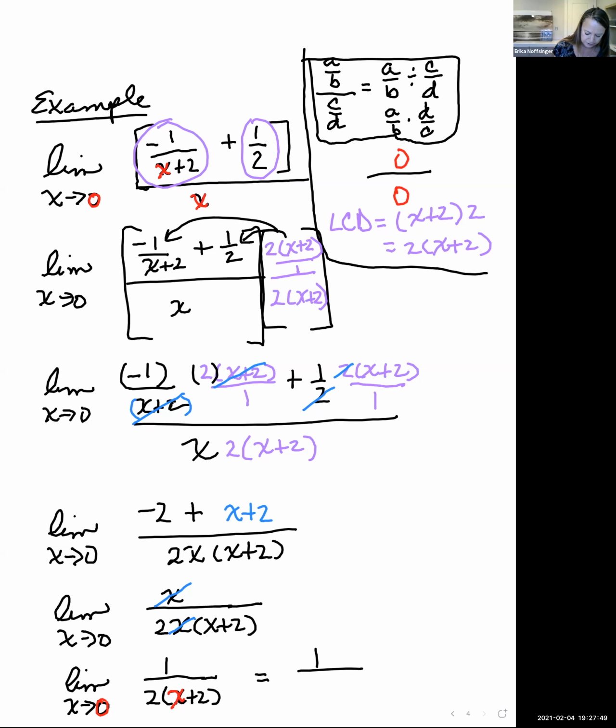So I have 1 all over 2 times the quantity 0 plus 2. Really that's 1 over 2 times 2, which is 1/4. Okay, so there's an example of limits dealing with complex fractions, getting an indeterminate form, and going back and manipulating it.